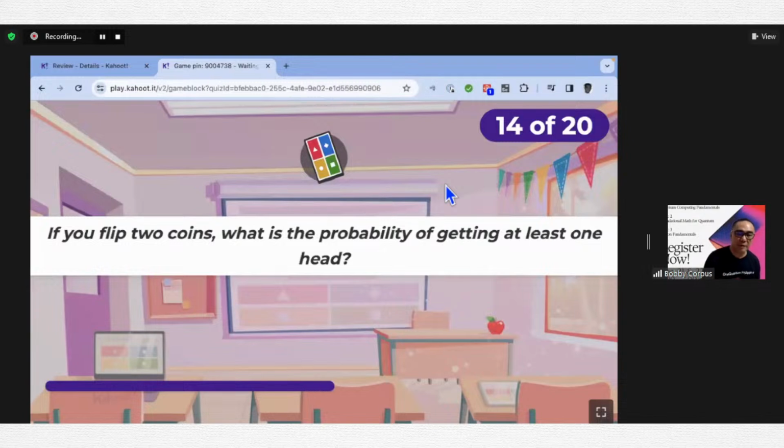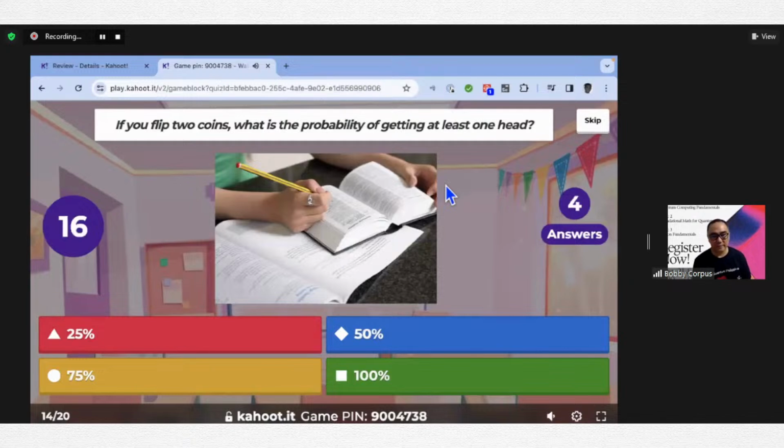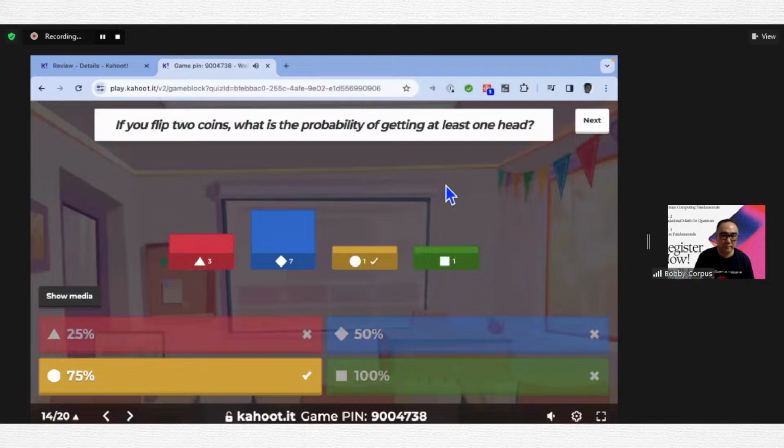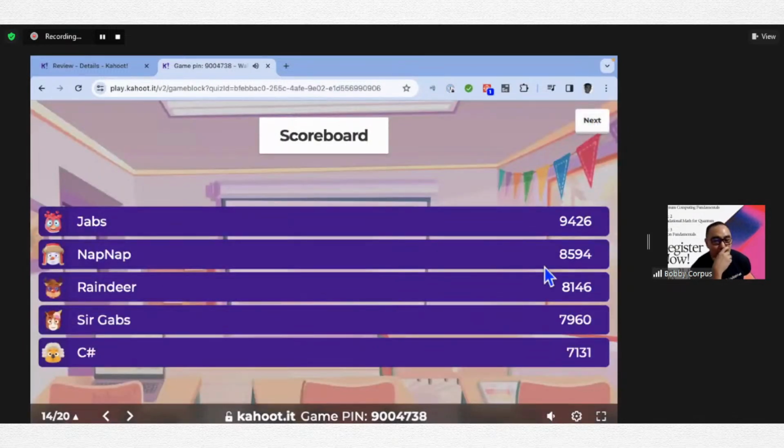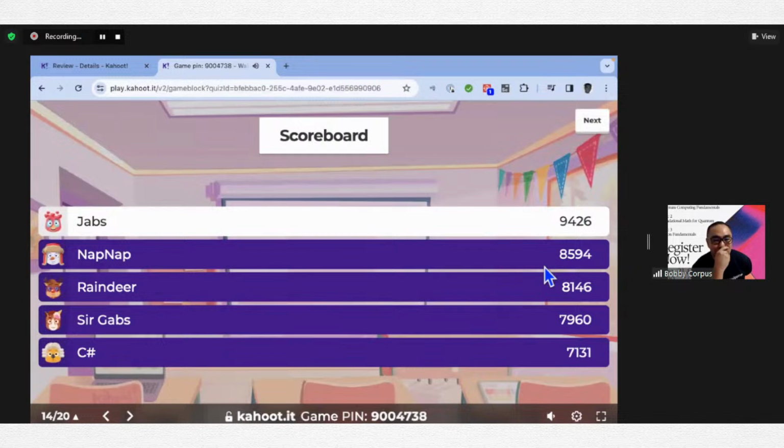If you flip 2 coins, what is the probability of getting at least one head? Okay, isa lang nakakuha. 75%. Okay, singati ko sa inyo yun. Bago na ba? Oh, hindi nagbago ah. Jobs yata yung nakakuha na. Next.